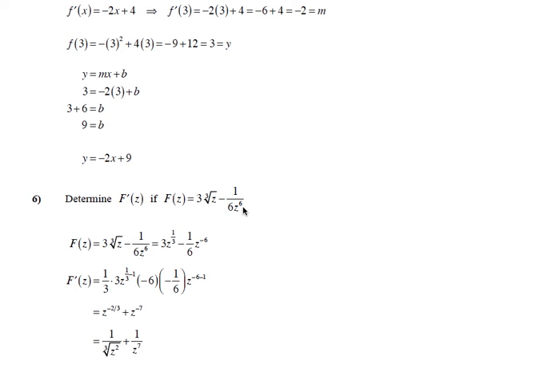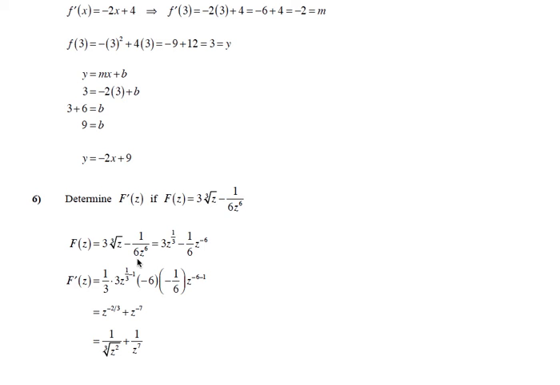So in order to differentiate this, the easiest way is to use the power rule after converting this root into a rational exponent and this exponent in the denominator into a negative exponent.